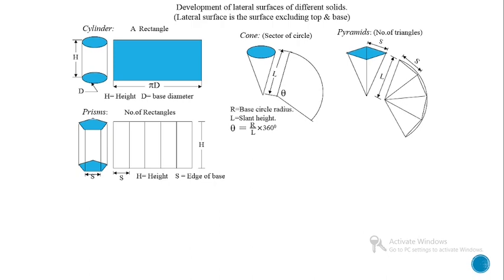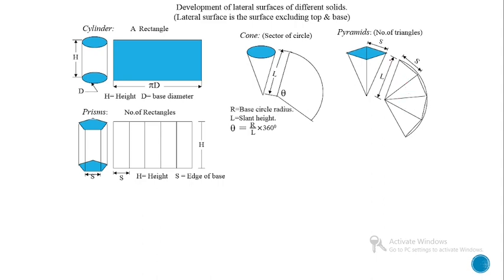Next, pyramid. Here, actually, the development of lateral surfaces is a combination of isosceles triangles. When this particular pyramid is a right pyramid, then the lateral surface must be a combination of isosceles triangles.